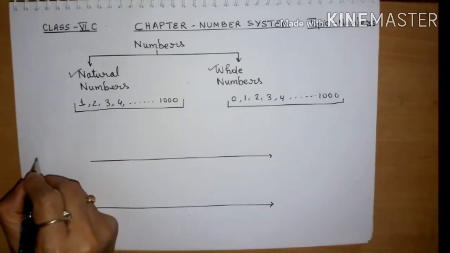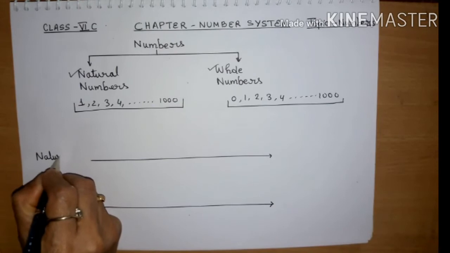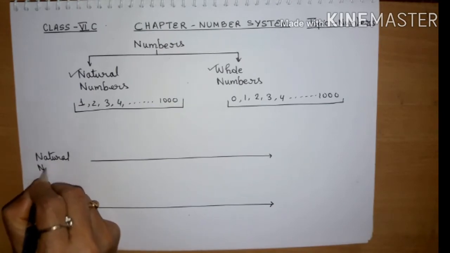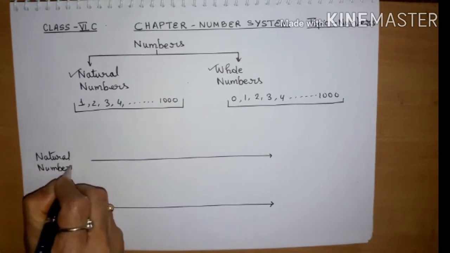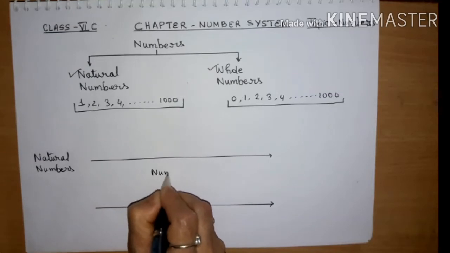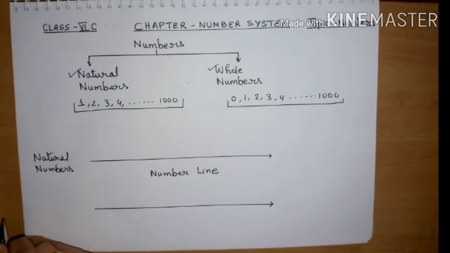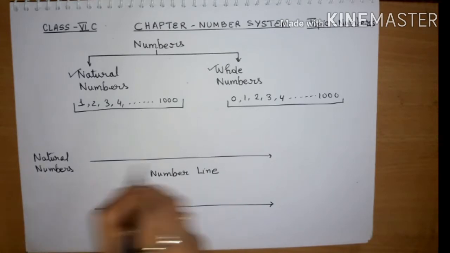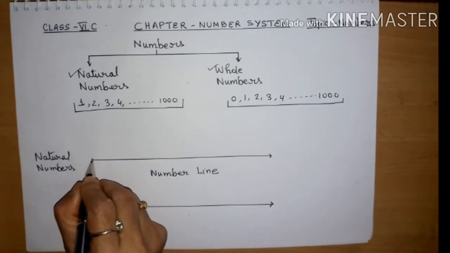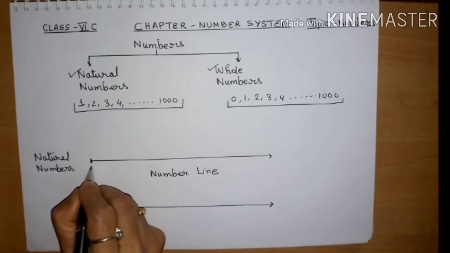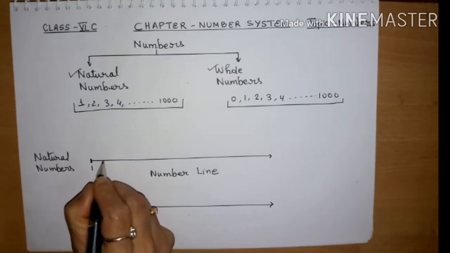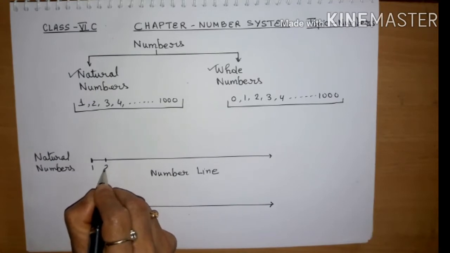If we have to represent the natural numbers on a number line, I have drawn a line for it, and what we simply do is draw a line, and the starting point here we mark as 1, then the next point 2.